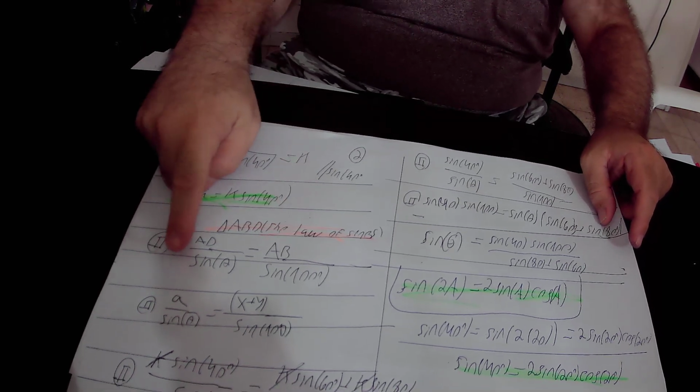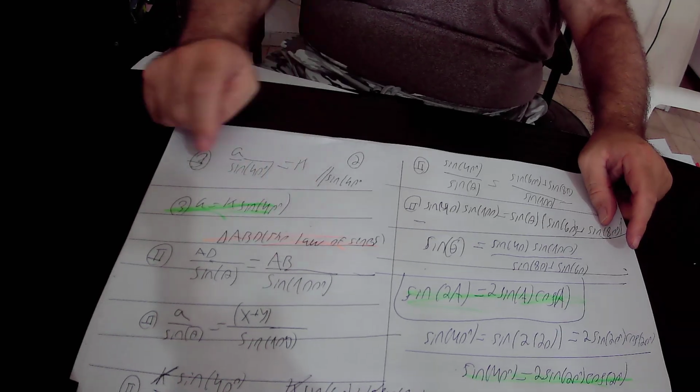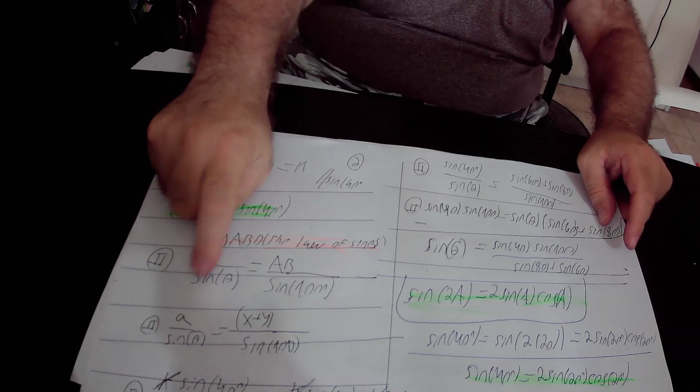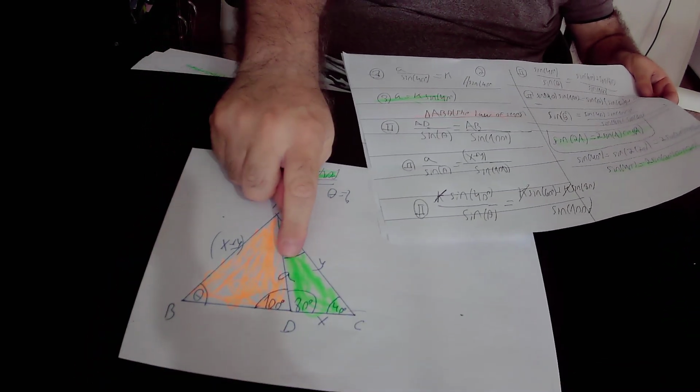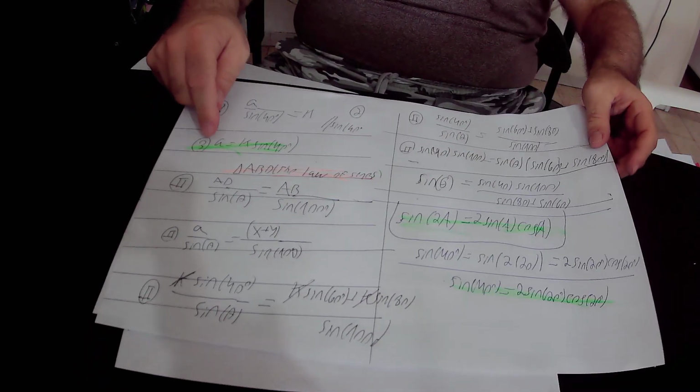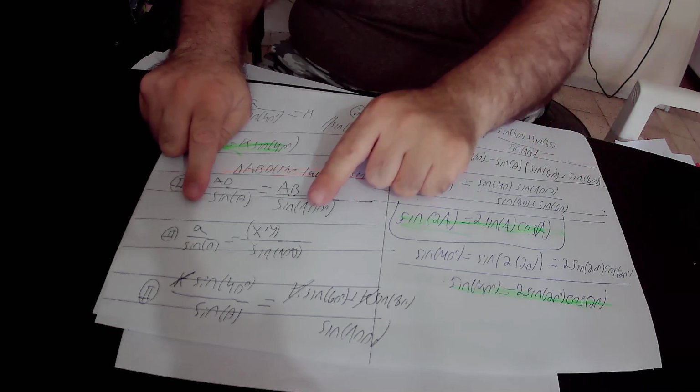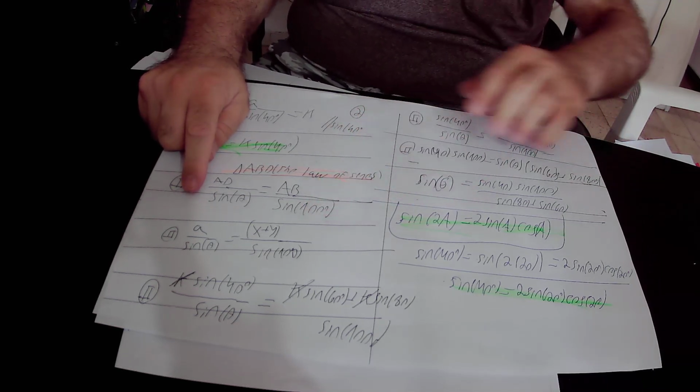AD equals a, AB equals x plus y. So we substitute AD by a and AB by x plus y. Here, AB equals x plus y and AD equals a. And we got this equation, a over sine theta equals x plus y over sine 100 degrees.